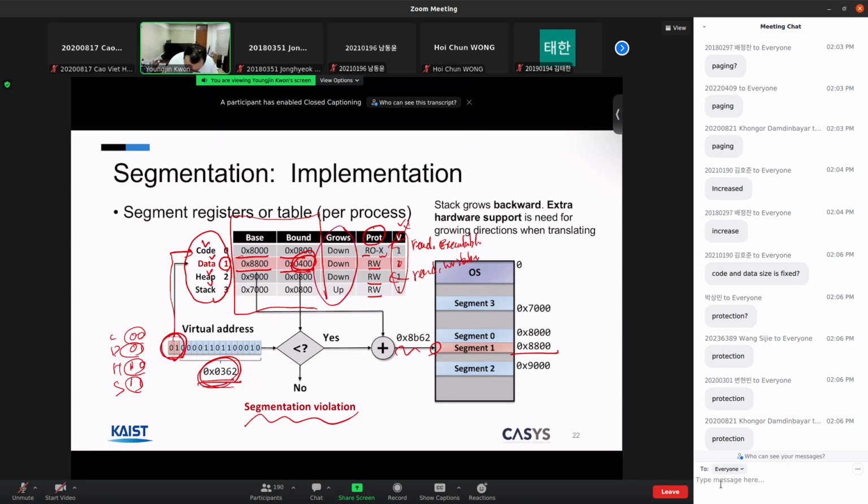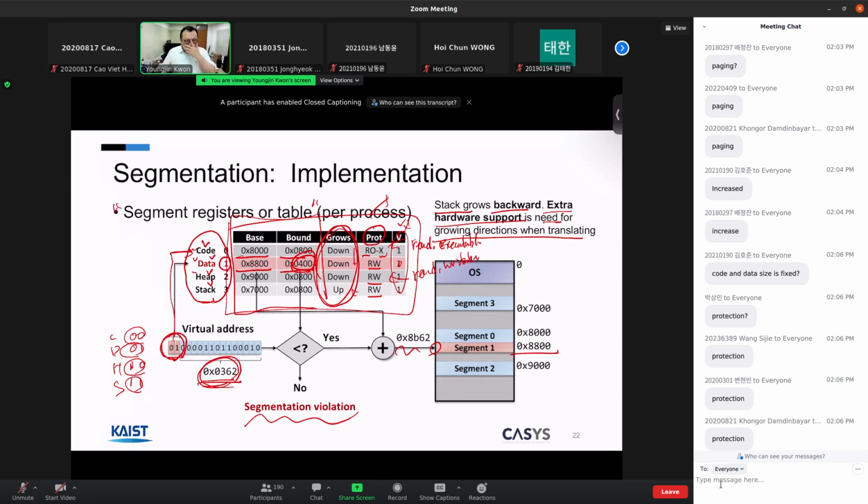Grow: the stack grows backward, which means extra hardware support is needed for the growing direction when translating. Code and data grow downward and the stack grows upward, so there is a growing direction number here. This is what is called the segmentation table.